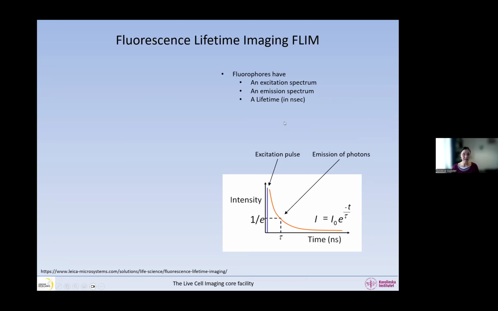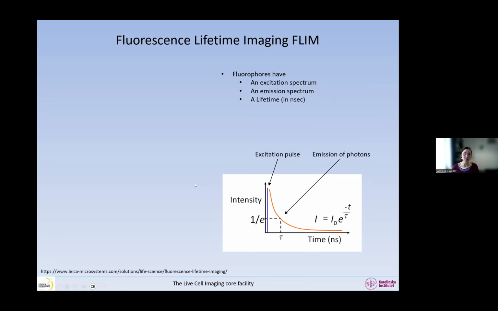This lifetime is in nanoseconds, and the way it works is that we have a special laser which sends a very, very short pulse of light. The fluorophores get excited and start fluorescing, but now there's no more light, so they slowly stop fluorescing.